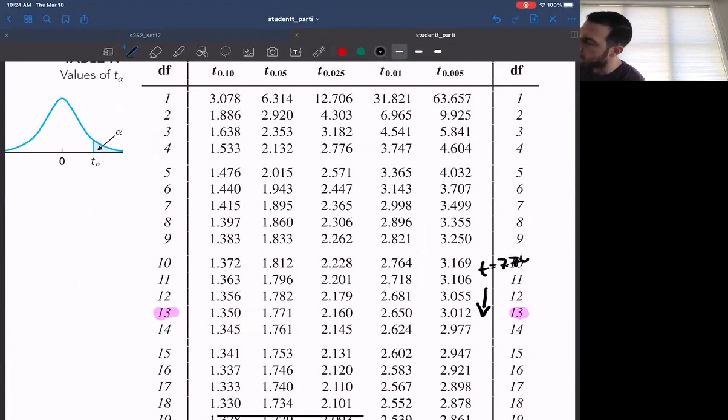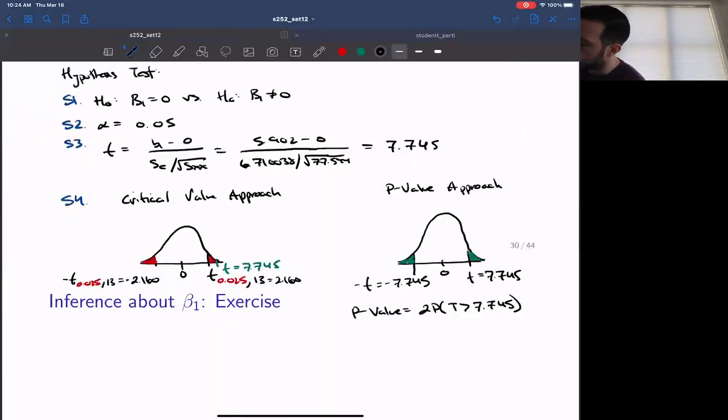So our t-value is larger than the largest listed value on the line, which means that the area in each tail of the student t-curve must be less than 0.005. So this would be size less than 0.005.